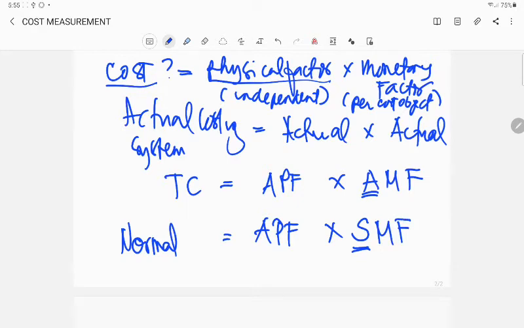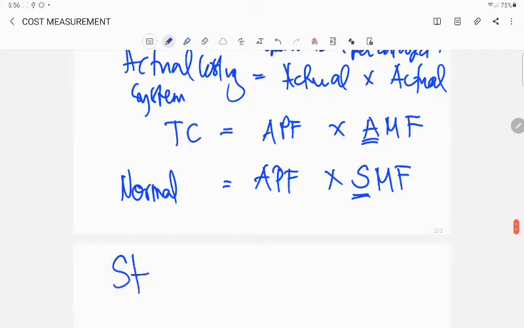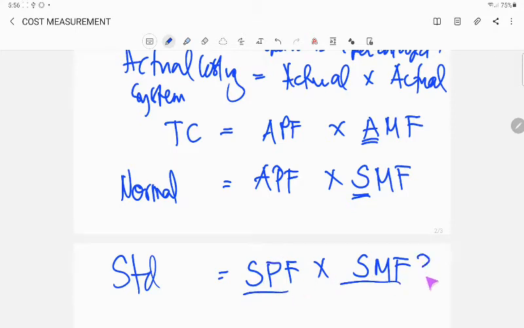Okay? And how about my standard? If it is standard, it will be standard physical factor. Okay? And of course, it will be standard monetary factor. Okay? And how do I determine the standard monetary factor and the standard physical factor?